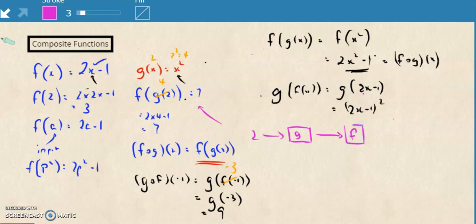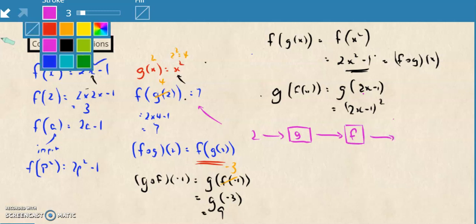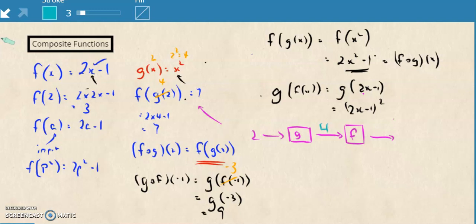So we provide the output of g as the input of f, and then out came the result. When 2 went into g, the output was 4. When 4 went into f, the output was 7, and that was our result right here.